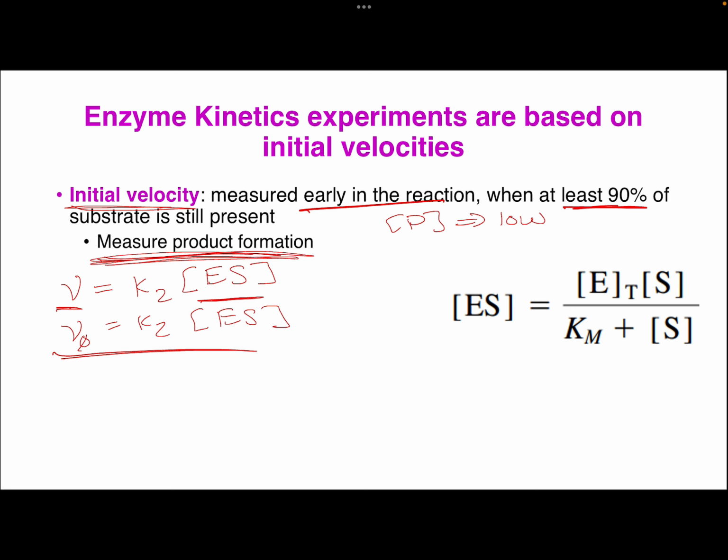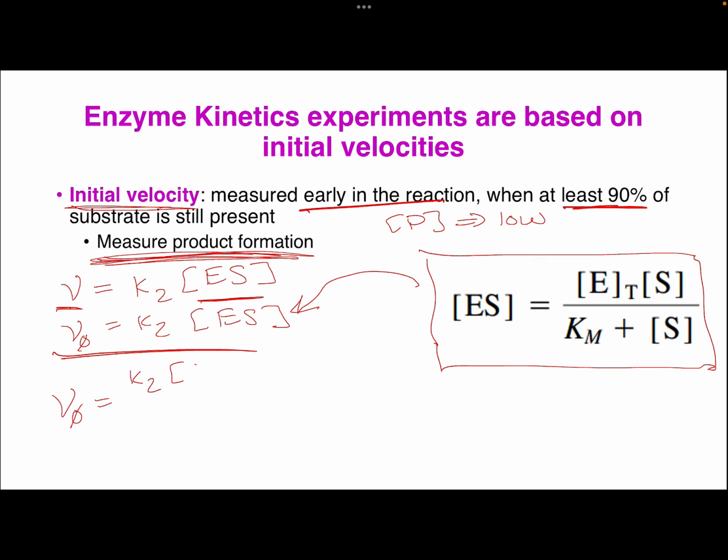And so now we're going to take this. We just said that our enzyme substrate complex concentration is equal to this. So we're going to substitute that in there. All right, so what we end up with is this. All right?